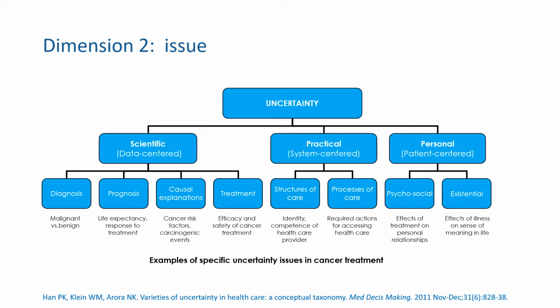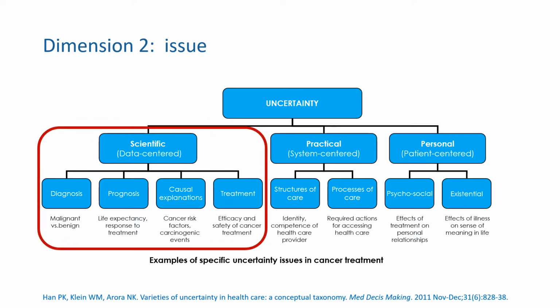Uncertainty arising from any of these three sources, probability, complexity, and ambiguity, ultimately pertains to several specific substantive issues, and these issues can be divided further into broad categories of scientific, practical, and personal issues, which all comprise the second dimension of uncertainty. Scientific issues on the left-hand side of this figure are data-centered and include uncertainties about the diagnosis, prognosis, causal explanations, and treatment of a given health condition.